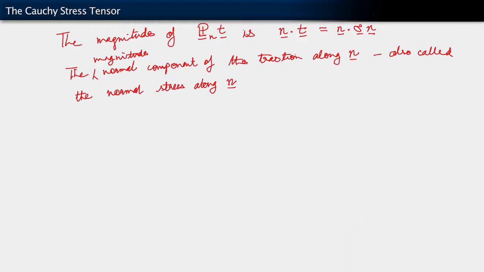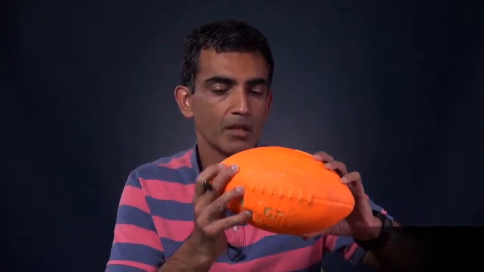Okay. Now, once we have this, it's a reasonable question to ask, as I change n, along what direction of n do I get the maximum stress? Clearly that can have applications in how you view the failure of this material eventually.